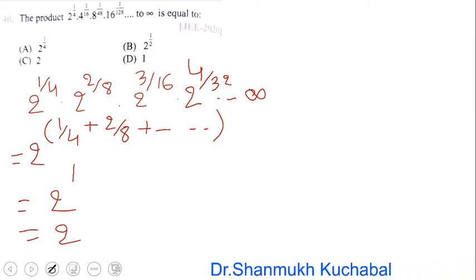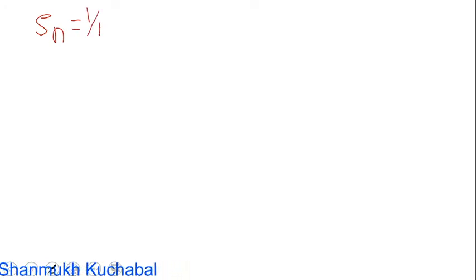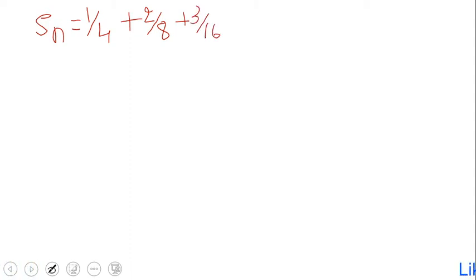Now we have to find the sum of all these values here. So I take it as Sn. Sn equal to 1 by 4, 2 by 8, next 3 by 16, up to infinite terms. Now on both sides we will multiply by 1 by 2.